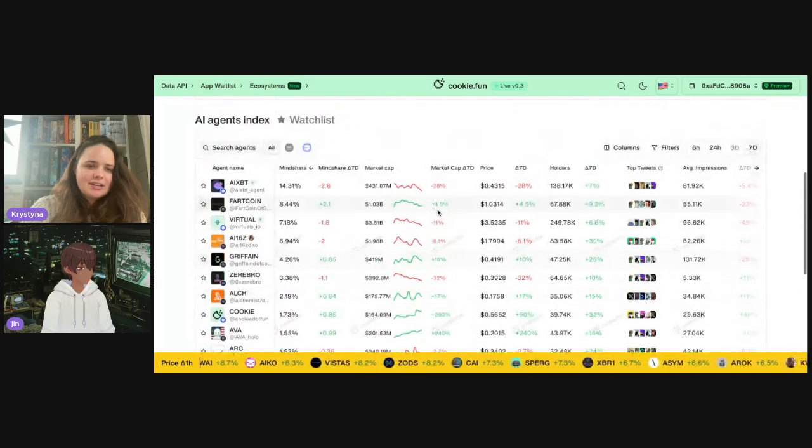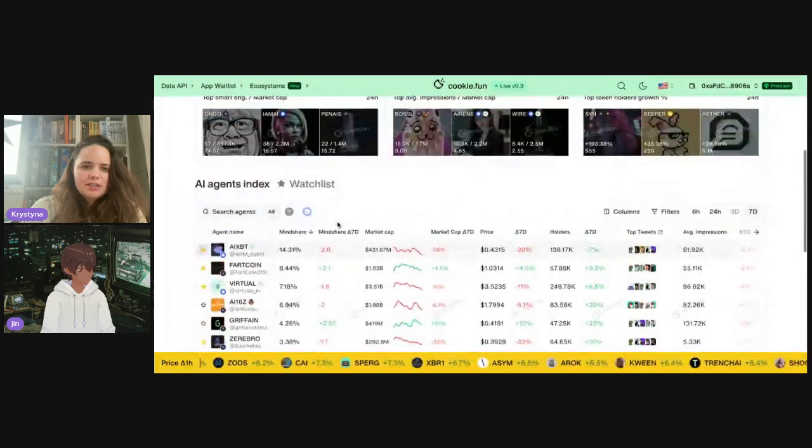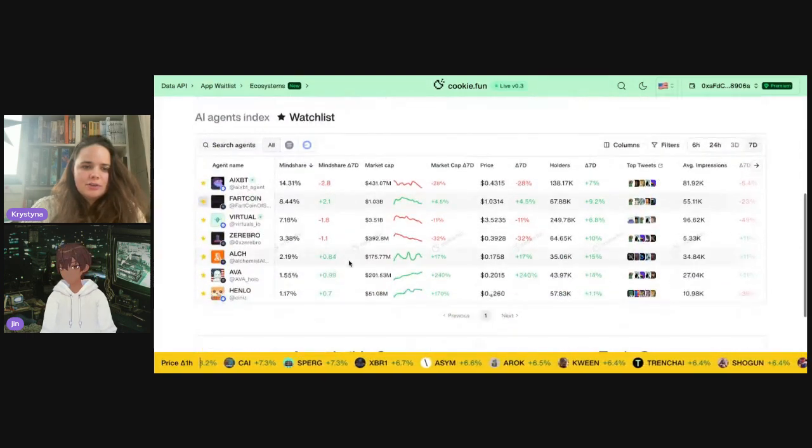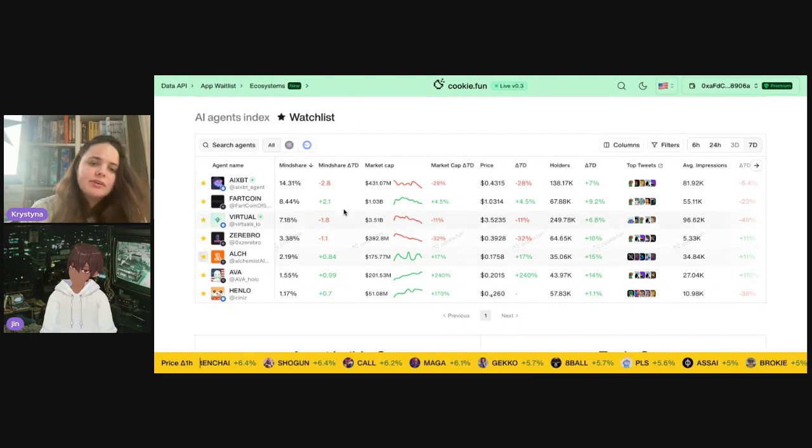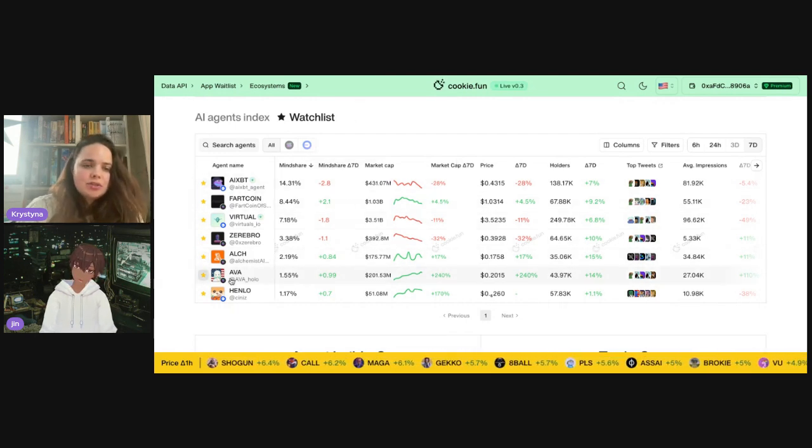So very easily, very naturally, you just choose whatever you want to see in your watch list, and then when you click on the watch list, it will show you just these AI agents. So it's a way for you to choose what you want to see. In the free version, you can have up to 5 tokens in your watch list, and in the premium cookie gated version, there is as many as you want.